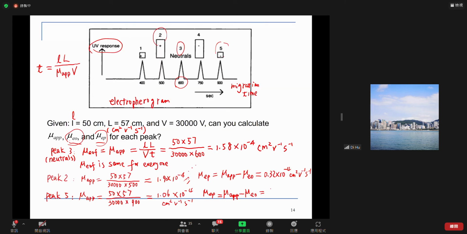I keep jumping back, and then I write it down here: 1.06 minus 1.58, times 10 to the minus 4th, which equals a negative sign here, okay?